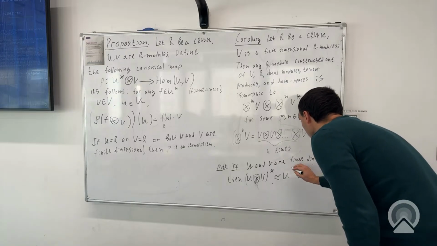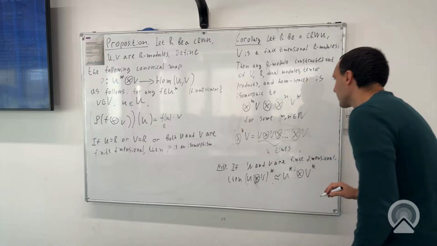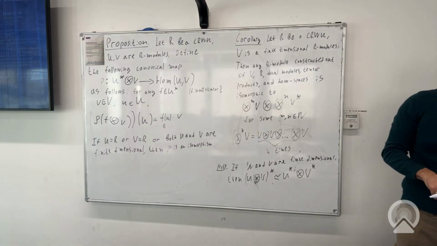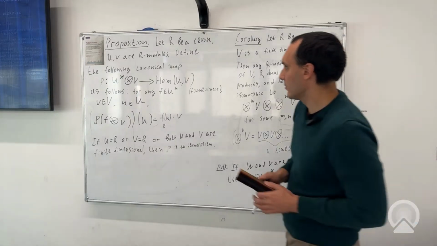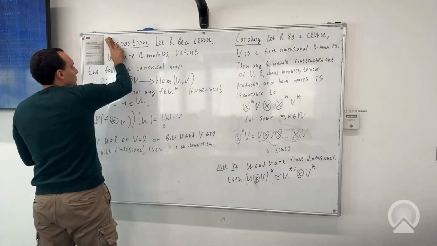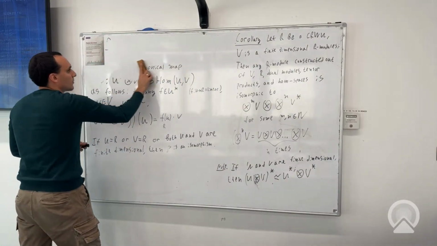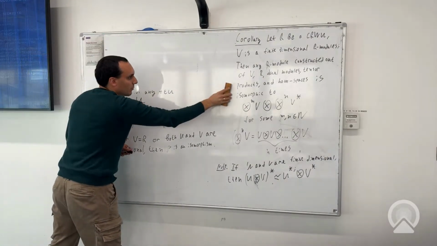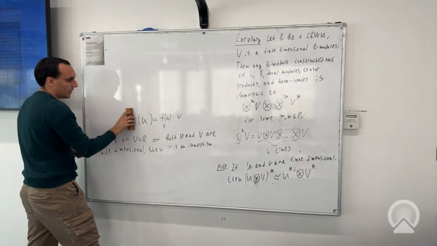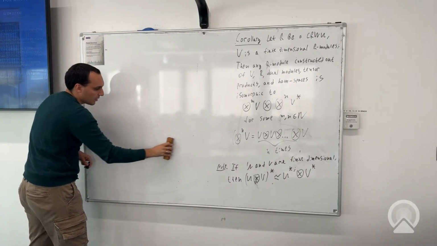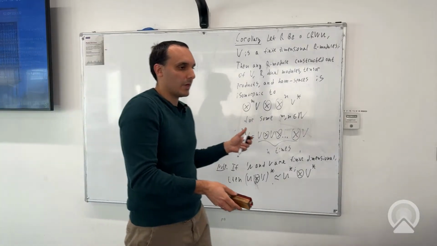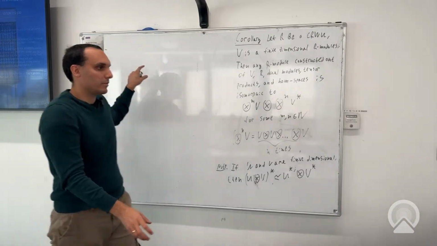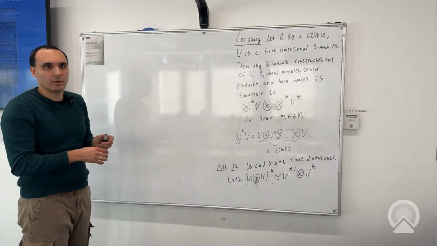Sorry, this is star. There is also a tensor product of linear maps. I'm not going to use it, I think, so I will not define it, but if we have two linear maps, we can combine them as a single linear map from the tensor product of the inputs to the tensor product of the outputs.